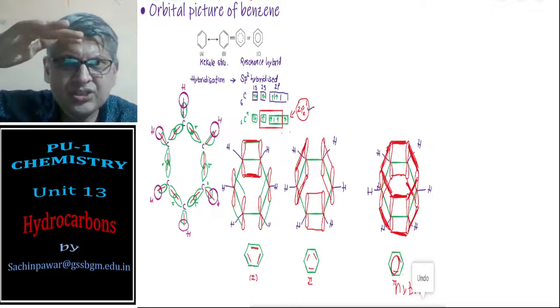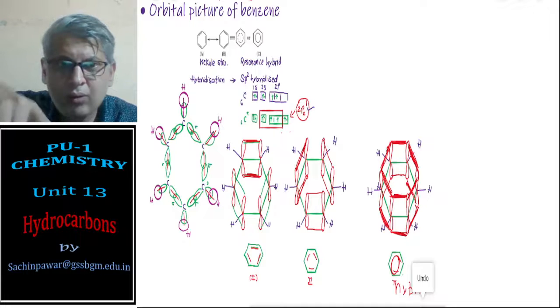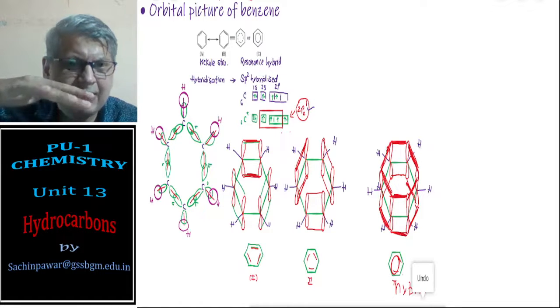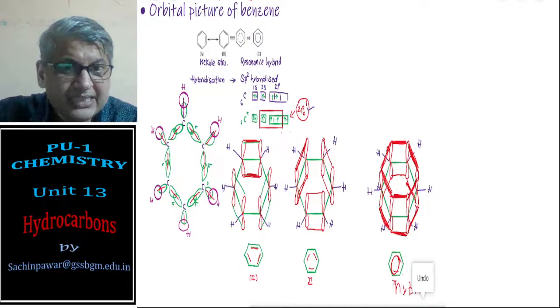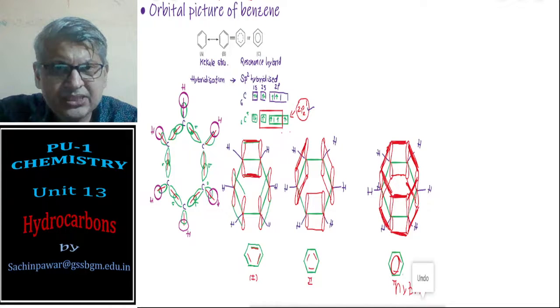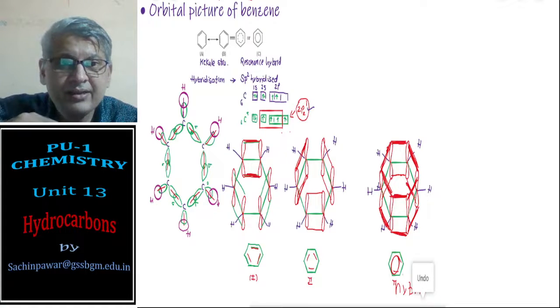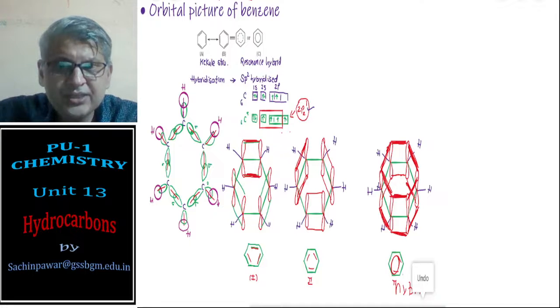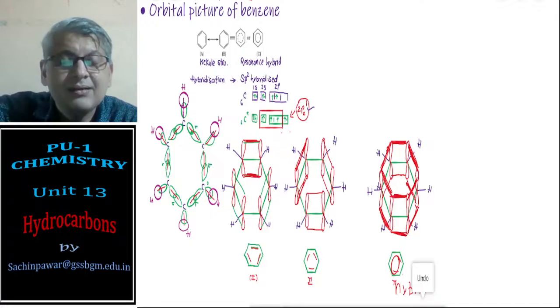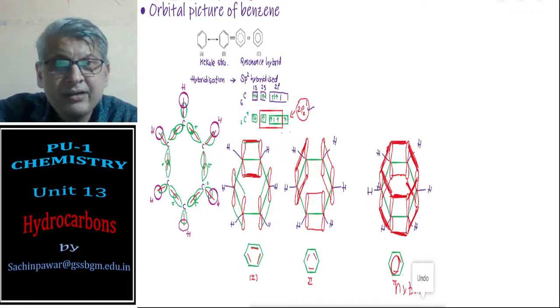The two buns in the burger are the pi electron clouds which are shown with the red color in my diagram, and the cheese slice or stuffing inside the burger is the benzene ring. That stuffing is a 6-membered hexagonal ring with hydrogen atoms attached to it, and that is the actual structure of benzene, which is called the hybrid structure of benzene.